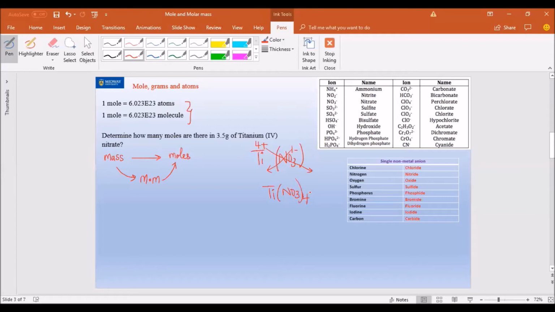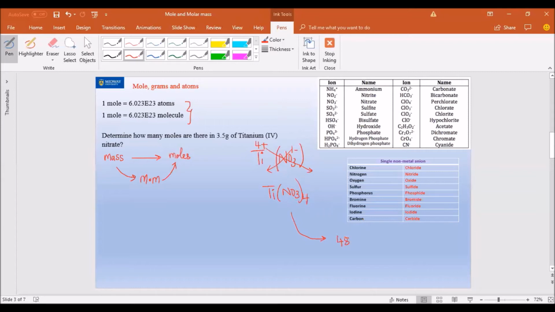Now let's calculate the molar mass of the substance, which I'm going to show the calculation here. Titanium, let me get that periodic table over here. Titanium is roughly about 48. Again, like I said, I'm not too big on using this actual decimal.